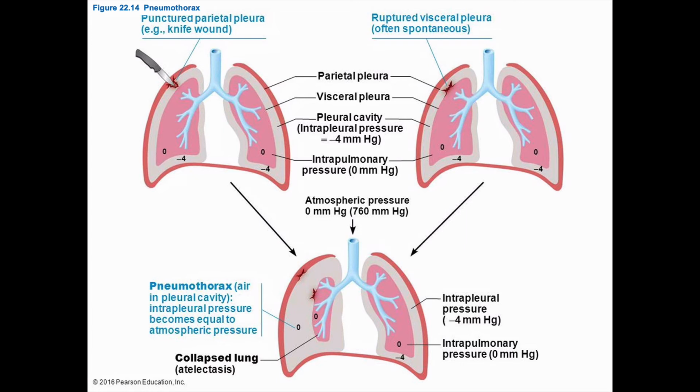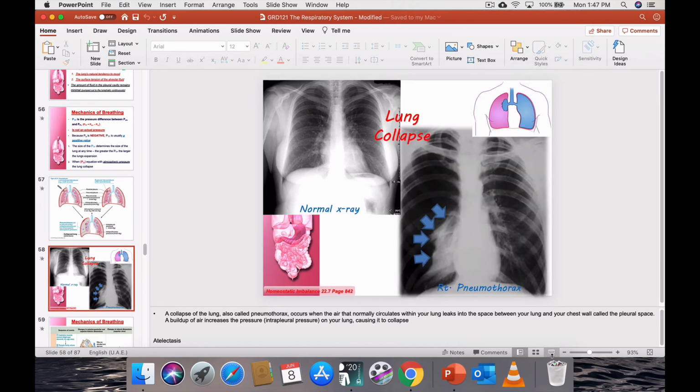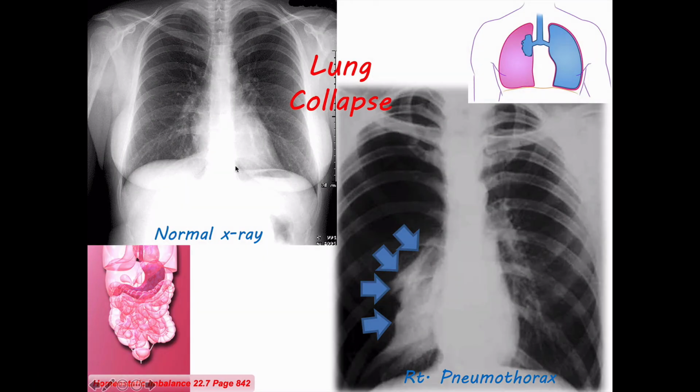Okay, I will try to show some pictures. See, here is a normal x-ray. You see in the x-ray, this is the apex and this is the base of the lung. This is the cardiac shadow, which we call the cardiac silhouette.